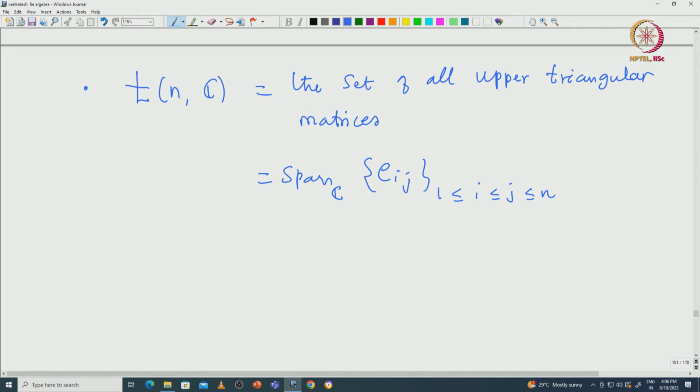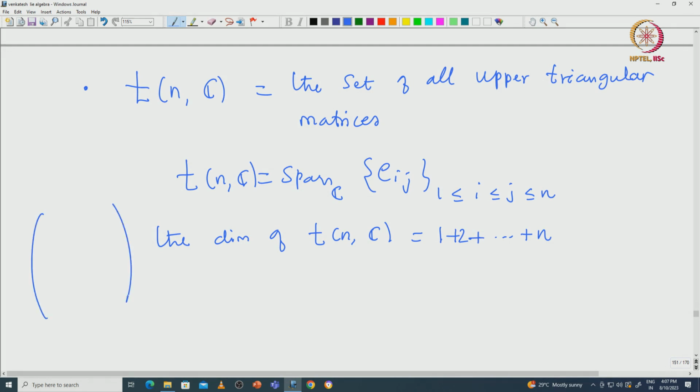In particular, what is the dimension of this? Let us use the same notation. The dimension of this t_n(C) is nothing but 1 plus 2 plus etcetera plus n, because everything on the diagonal will contribute n, the very first off diagonal will contribute n minus 1 and so on.